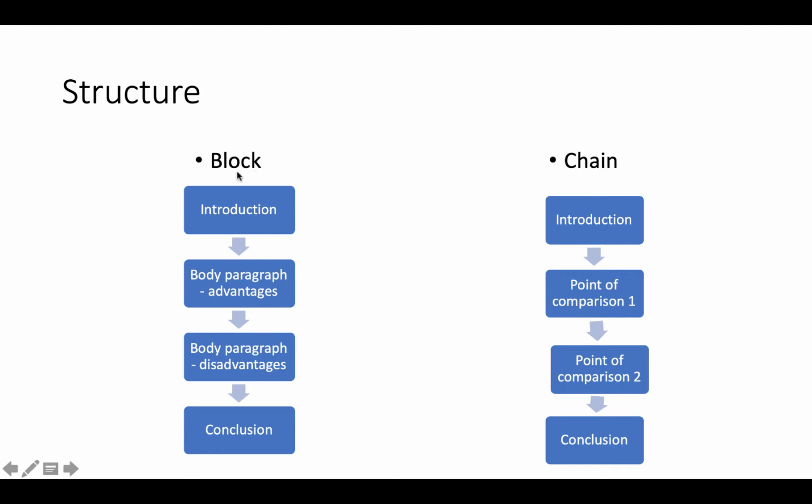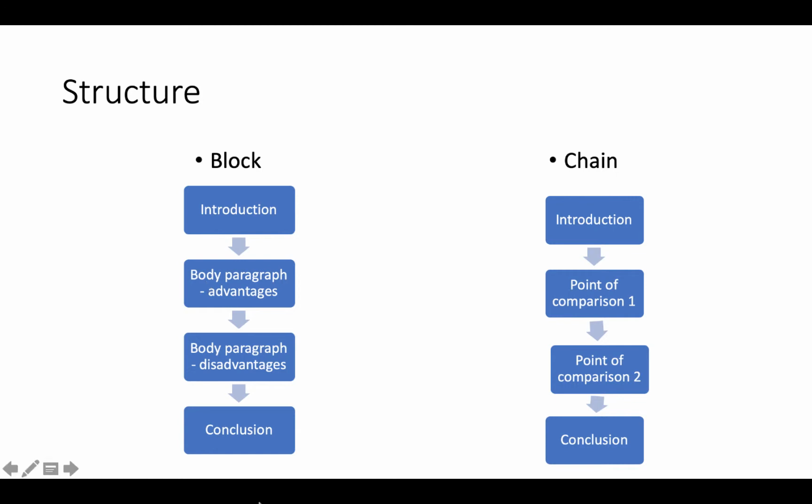The first is the block method, where you have, I've got 4 paragraphs here, sometimes it is 5 paragraphs, possibly with 2 paragraphs for advantages or 2 for disadvantages. But the main idea is you've got your introduction, which has background information. Your first body paragraph has the advantages or benefits of one piece of technology or life with the technology.